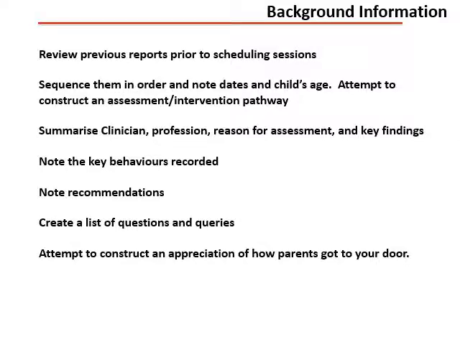Read them, but don't just read them. Sequence them in order. Note either on the reports themselves, if you're able to, or make copies of them so you can do this, or simply type this out on a blank piece of paper. When the assessment was completed, how old the child was, and what were the key points being made within it.